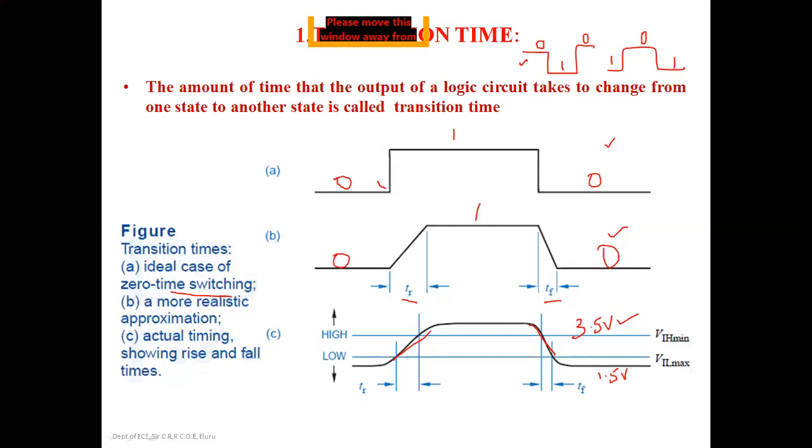Because of that, it takes time to charge that stray capacitance. Once it is charged, it will change its state from 0 to 1, and similarly from 1 to 0.